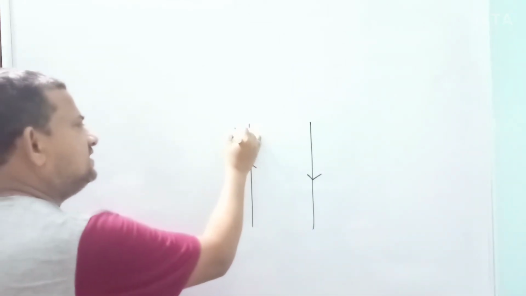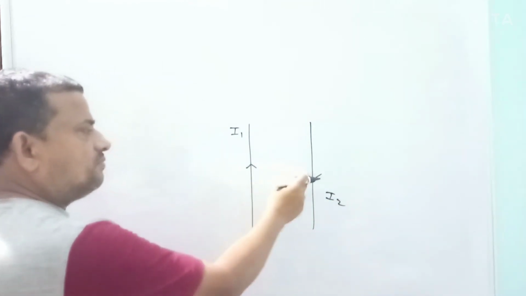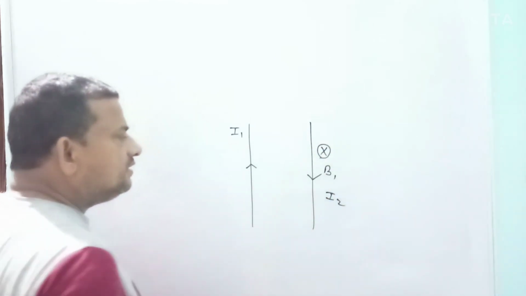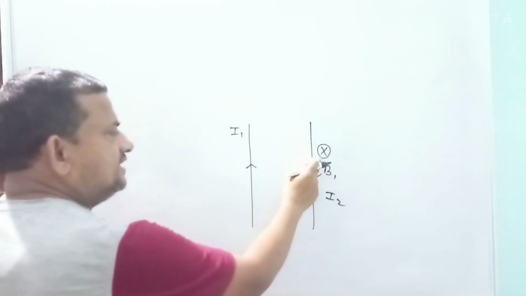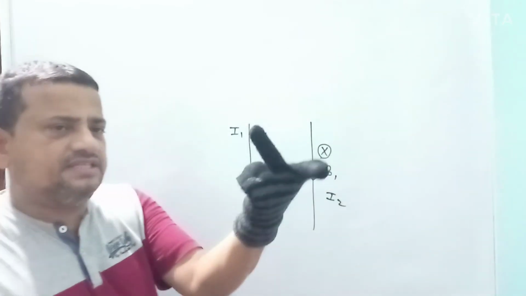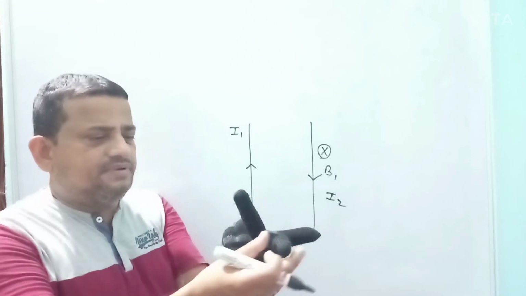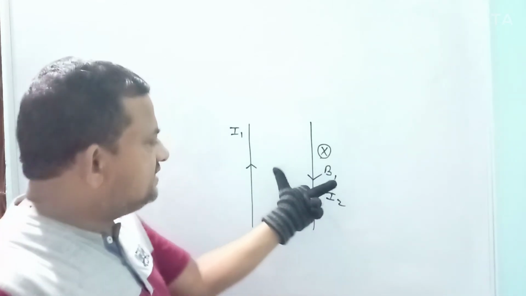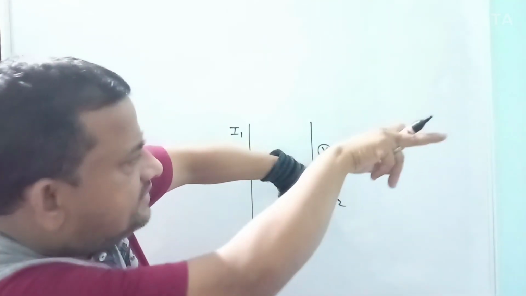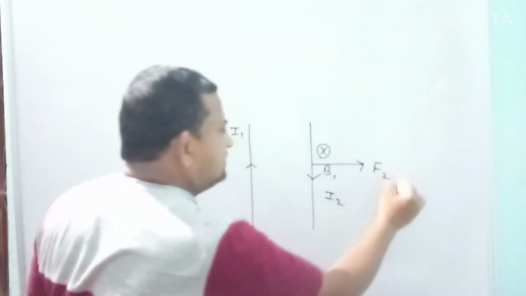Similarly, you can find out this is I1, this is I2. This conductor produces magnetic field inward, that is B1. Now in this inward magnetic field, the current carrying conductor is placed. So applying Fleming's left hand rule, you will get the force. You see magnetic field is inward, current is downward, just I rotate. So my thumb is towards right. That means force per unit length, that is F2, is this.